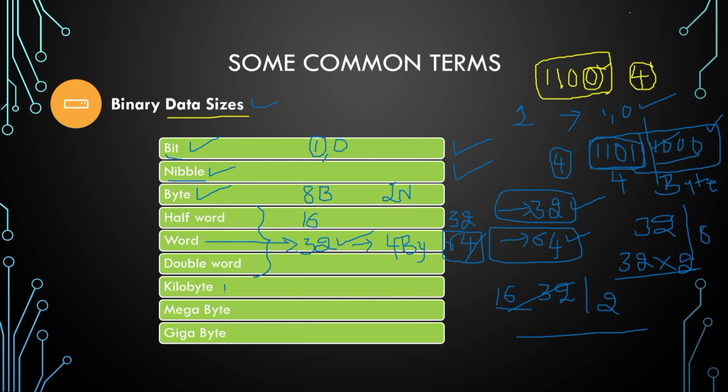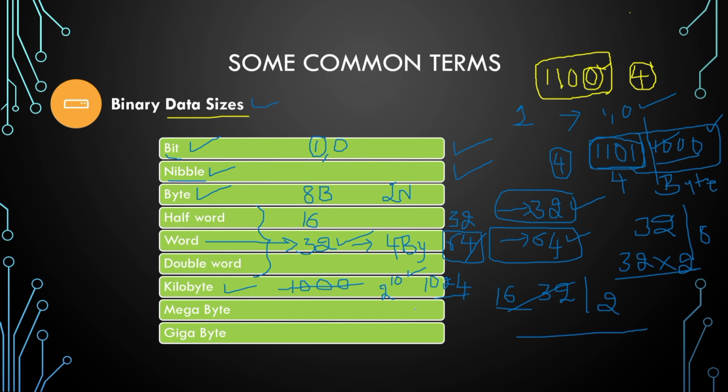Then comes the term kilobyte. Kilo usually we take as 1000, but in terms of digital electronics, kilo is not 1000, because whatever we use, we have to consider the power of 2. So we have to consider 2 to the power of 10 for kilobyte, that is 1024.